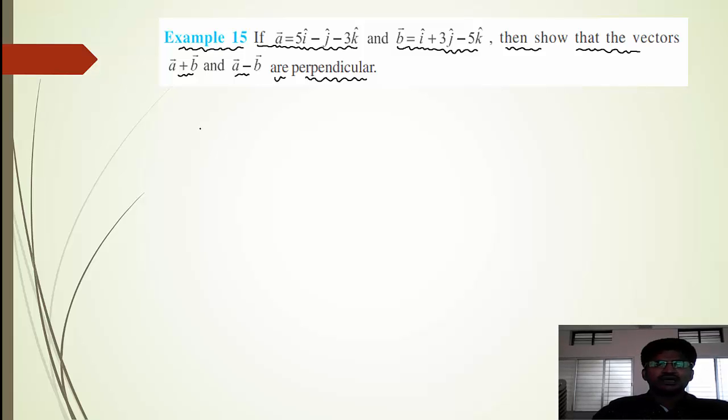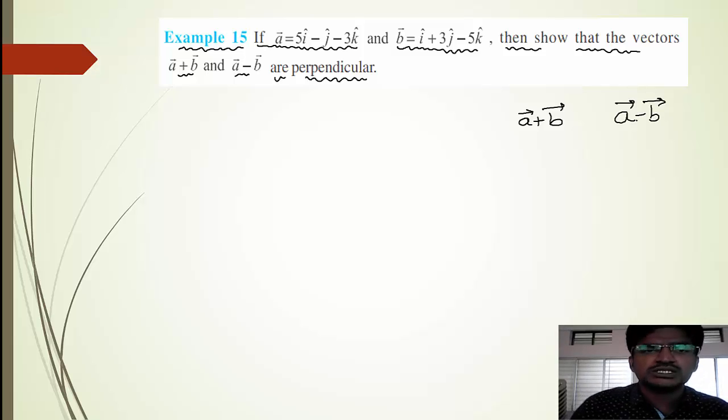In this case, first we have to calculate vector A plus vector B and vector A minus vector B. Then we can see the further calculations, how to show that vector A plus B is perpendicular to vector A minus B.